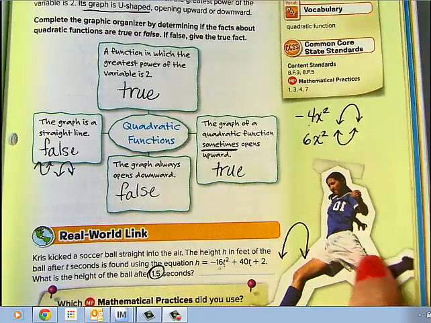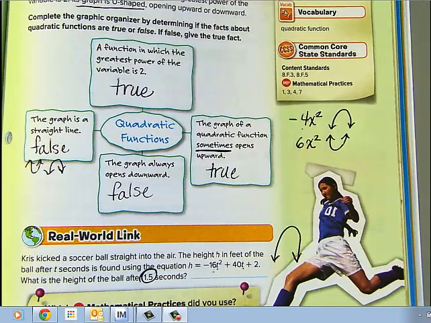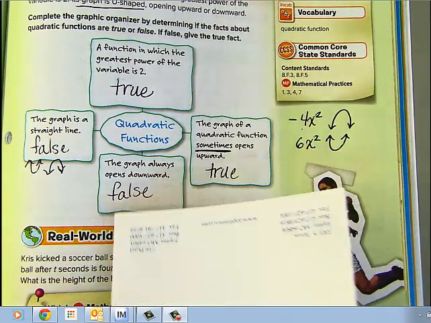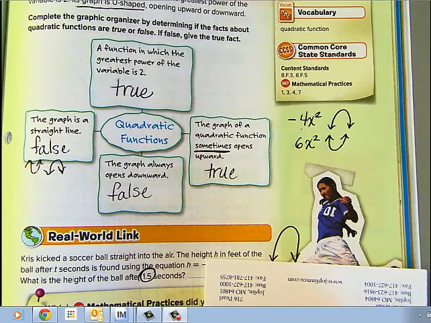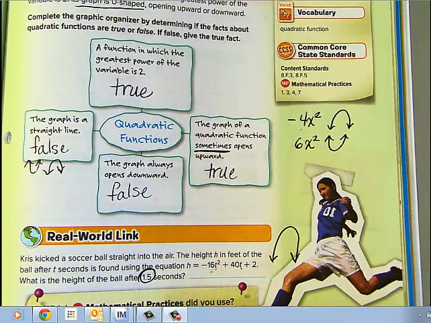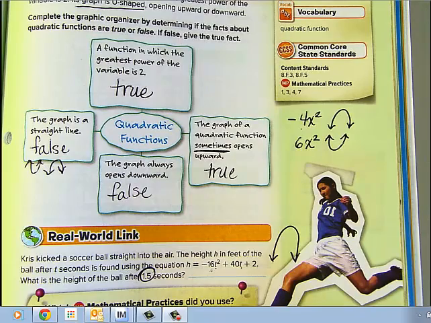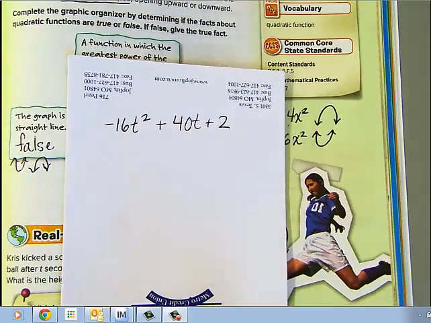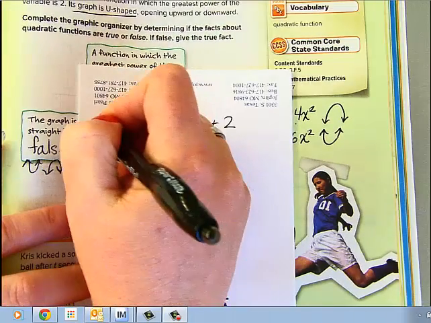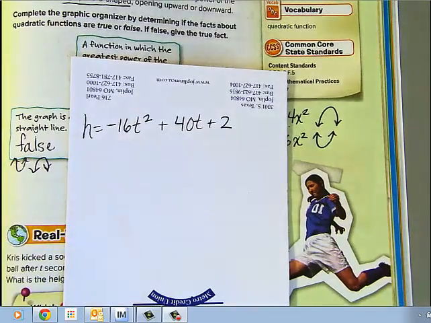So I'm going to do the work for that on a separate sheet of paper. So here's my original equation. I have a negative 16t squared plus 40t plus 2. And what it's saying is it wants to know what is the height after 1.5 seconds.